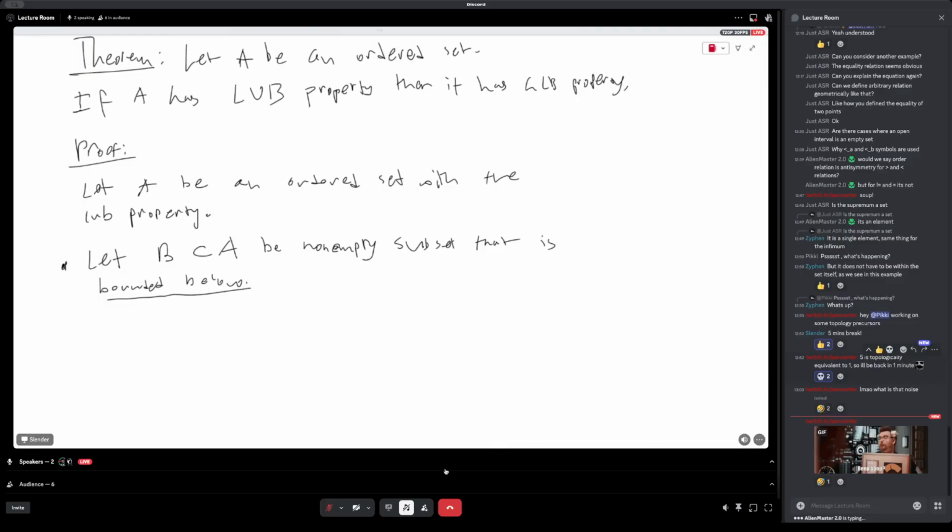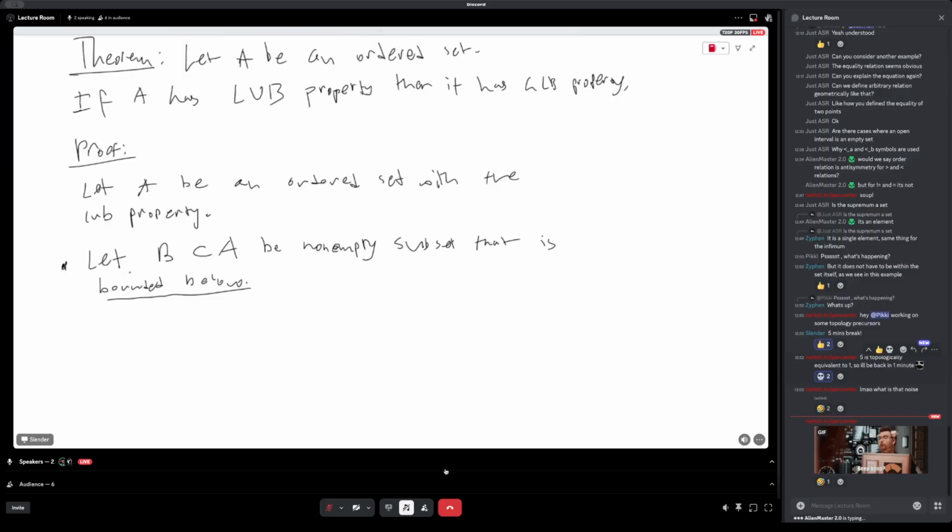Basically our strategy is that we pick the non-empty subset of A that is bounded below. Then we consider the set of all lower bounds, and we pick the upper bound for that set of all lower bounds.